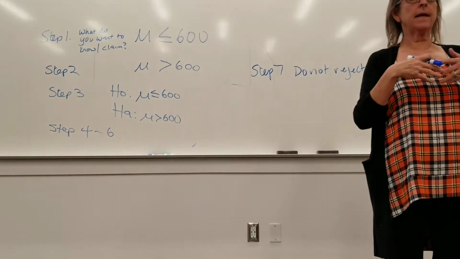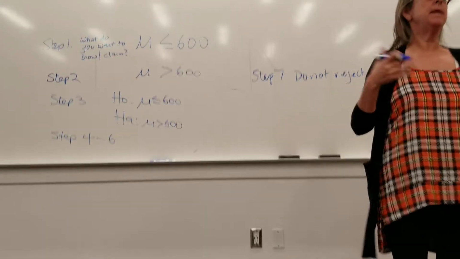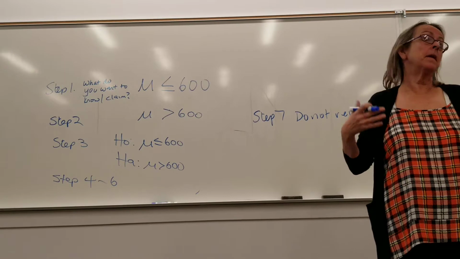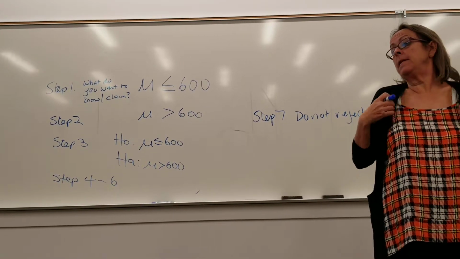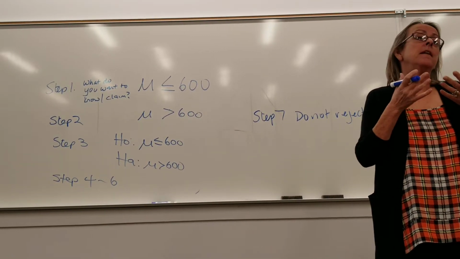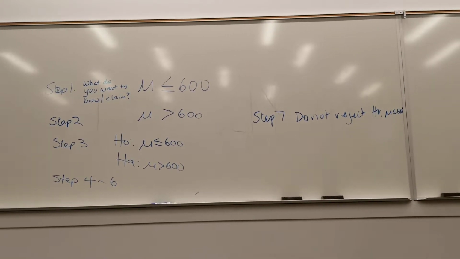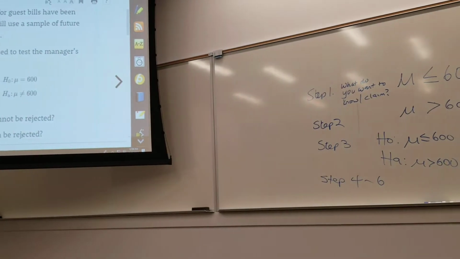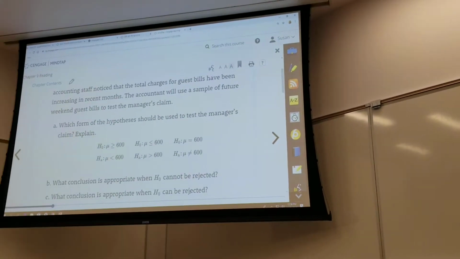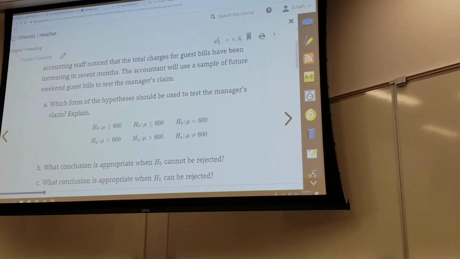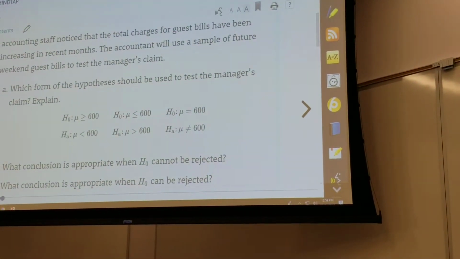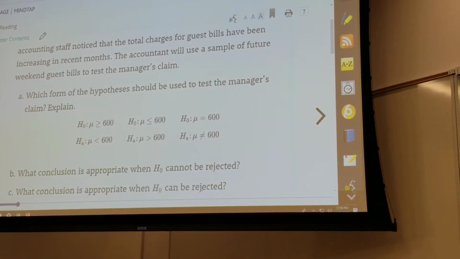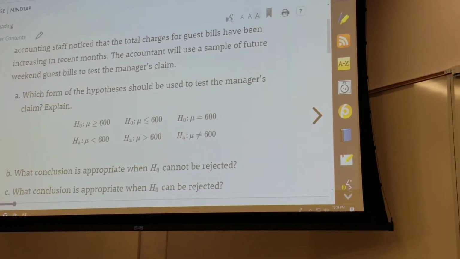It could be that the accountant did a study and got a mean of $597, and he could have been like, oh, I'm wrong. But it could be that he got a mean of $601.72. And even though he thinks he's right, that difference of $1.72 is not, what are the words, statistically significant enough for him to reject the manager's claim.